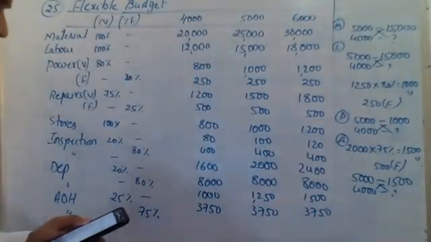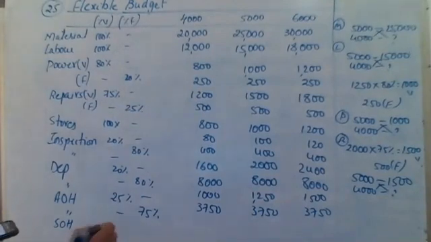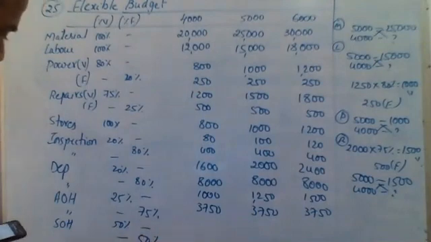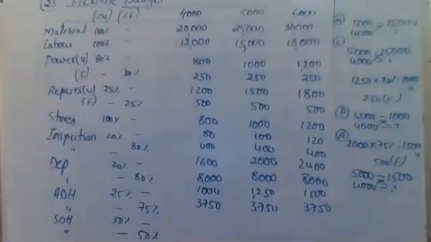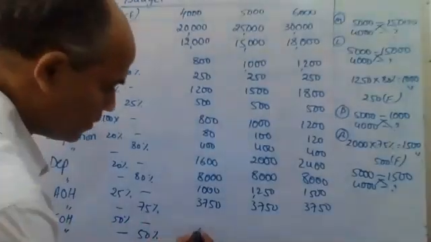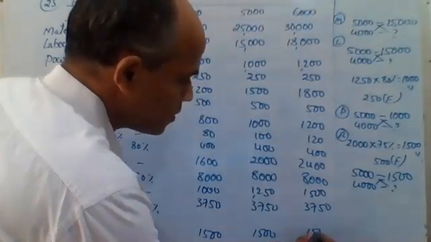And last, selling overheads. Selling overheads also we have two components. 50% is variable, so another 50% is fixed. Out of 3,000 rupees, 1,500 is fixed. So 1,500 remains same in all levels.